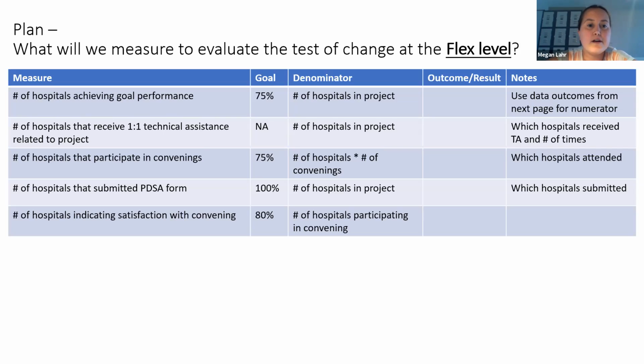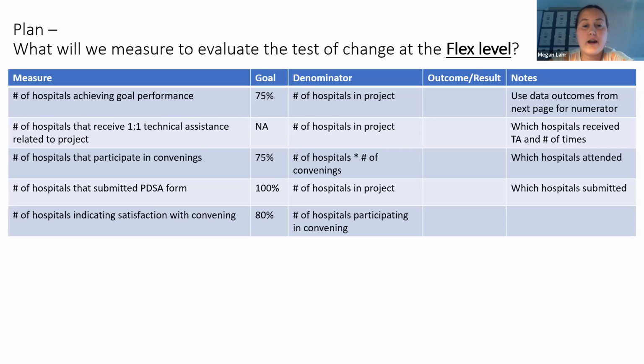And so here in this example, we were doing both convenings and one-on-one technical assistance. And so for both of those, it's important to track the number of hospitals and which hospitals are participating in those, and then how many times. So if you do a convening every month or every quarter, which hospitals attended those convenings, and same with technical assistance.